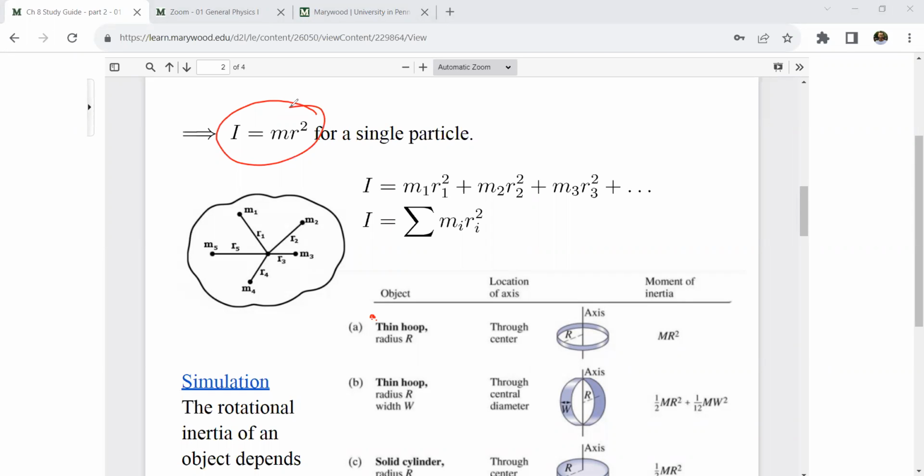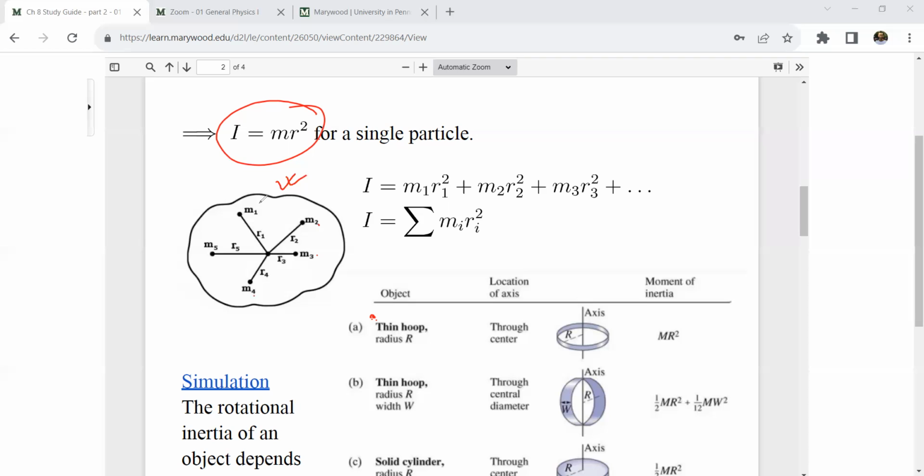Now what if we have more than one particle? If we have more than one particle, then we have to individually determine the moment of inertia. So for example, in this picture, we have several particles, M1, M2, M3, M4, M5, and so on, and the corresponding radii are R1, R2, R3, R4, and so on.